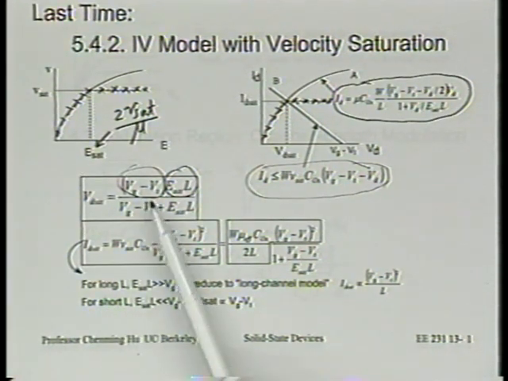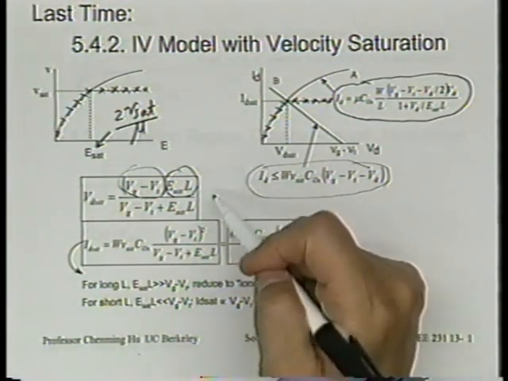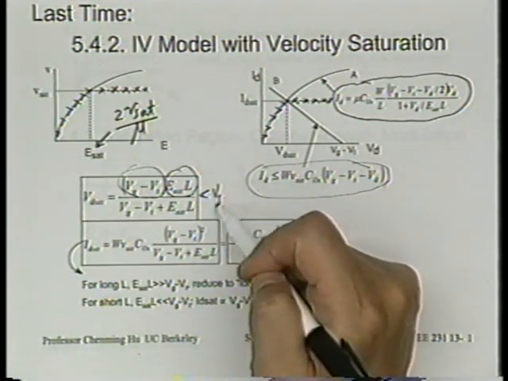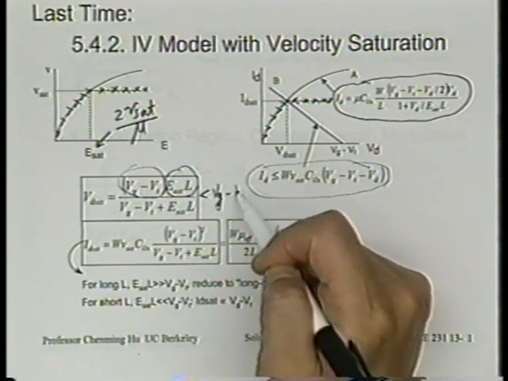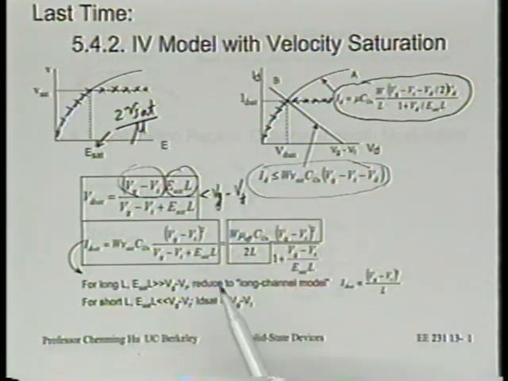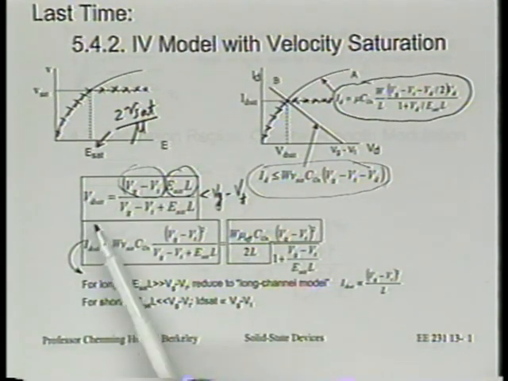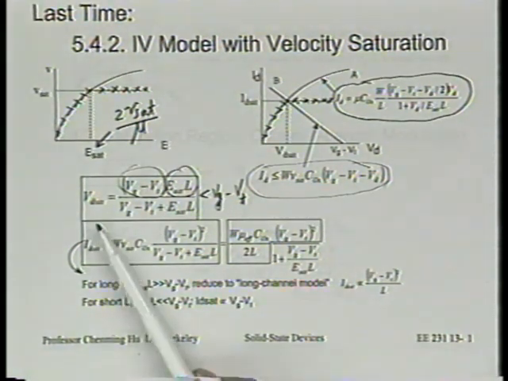So Vg minus Vt times E set L divided by Vg minus Vt plus E set L. That gives us the voltage. And the general characteristic is it's always less than Vg minus Vt. In fact, when channel length is smaller, this Vd set is smaller. In the extreme case, Vd set becomes insensitive to Vg, and it becomes proportional to L. So that's the sensitivity of Vd set to L.